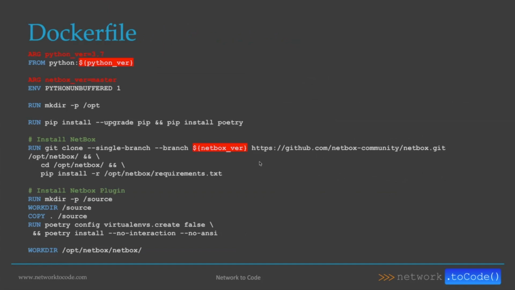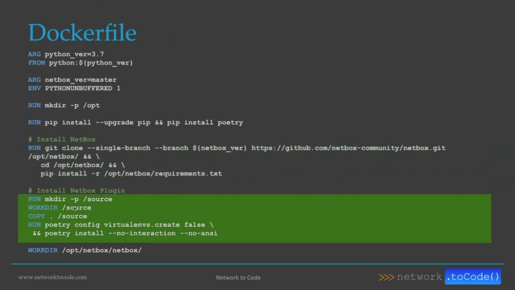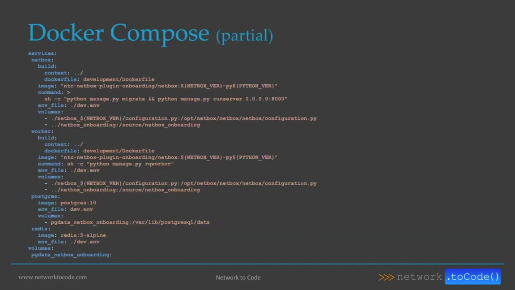Beyond that, it's just pulling a specific version of NetBox from GitHub, copying it onto the file system and installing the requirements, then copying my local project inside the container, and doing an installation, in this case, into a development environment. Again, as a user, your Dockerfile will look different. It will look more like how I had mine at the beginning when I was doing the demo. A little bit more complex.